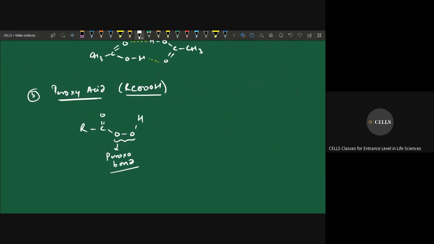And it is seen that the peroxy acid shows a hydrogen bonding with itself. So suppose if we have the peroxy acid, and normally you have one carboxylic acid. Suppose there is another carboxylic acid, COOH, so we'll write it like this.